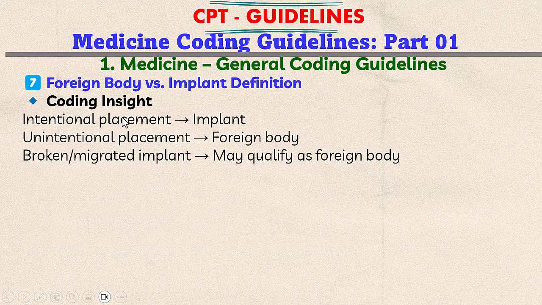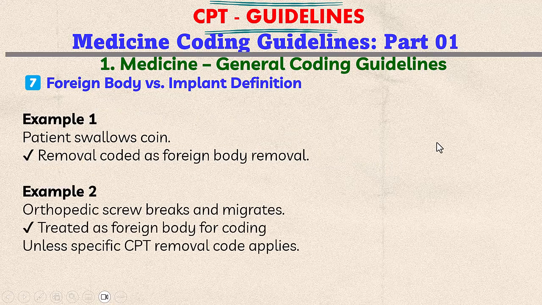So the coding insight is: intentional placement, that is implant; unintentional placement, that is foreign body; a broken or migrated implant may qualify as a foreign body. So let's see some examples. A patient swallows a coin. So the removal is coded as foreign body removal. Example 2, an orthopedic screw breaks and migrates. It is also treated as a foreign body for coding unless a specific CPT removal code applies.